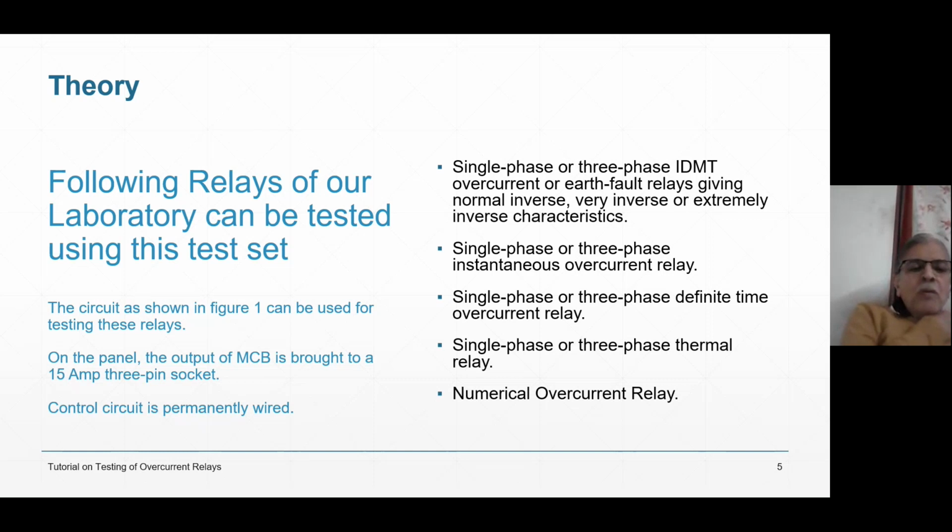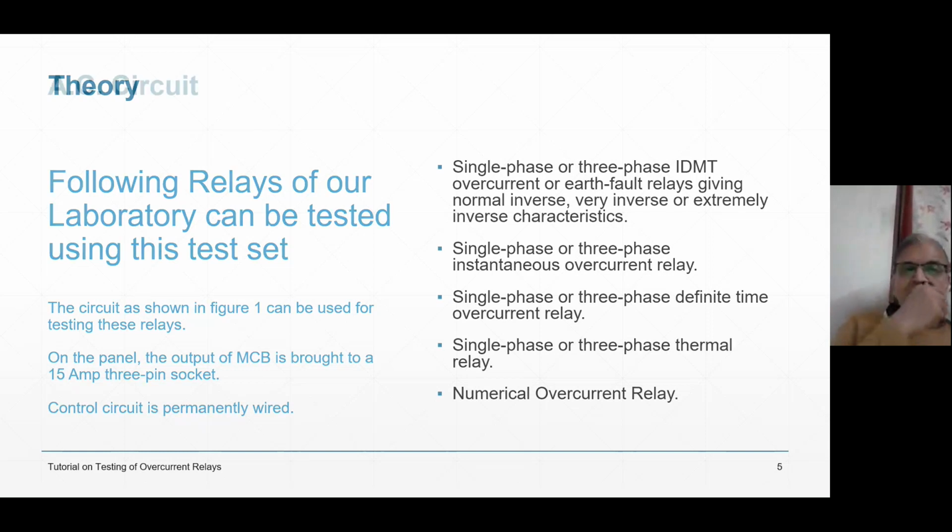So the auto transformer input is only that 3-pin plug, which has to be inserted into the socket and your current is available. Control circuit is permanently wired. You do not have to wire it every now and then, because then it would take time. Only the power circuit, and the power circuit is also partially permanently wired. Partially you have to wire it.